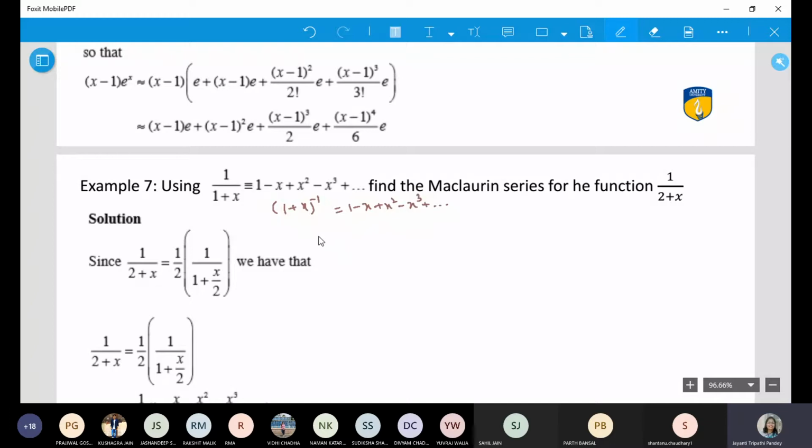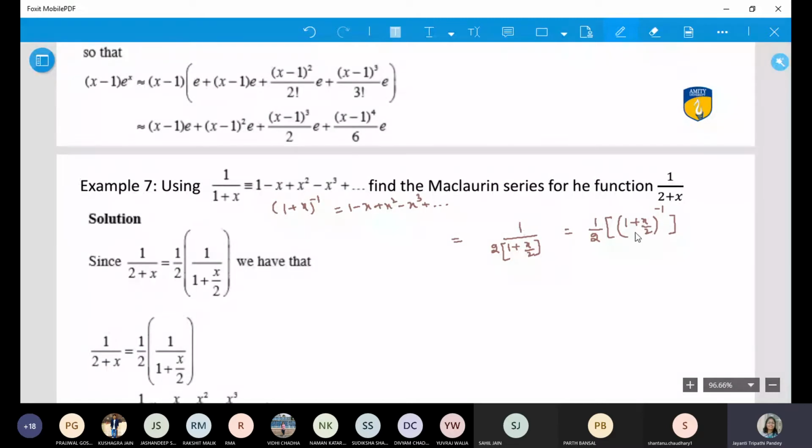Check this. Okay. So when you have to solve for 1 upon 1 plus 2x, the best way is we can do it like this. You can write this as 1 plus, take out 2, and this will change into half times 1 plus x by 2 to the power minus 1.